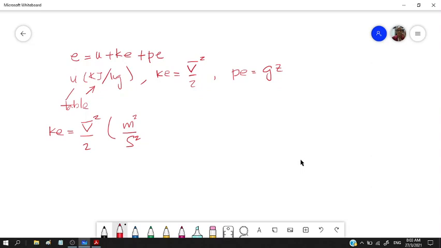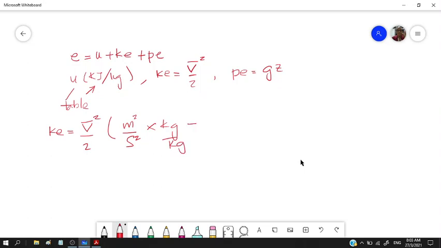So what we have to do, before we sum up this total energy in terms of U, KE and PE, we must make sure that the unit is the same as the internal energy, which is kilojoule over kilogram. So what we do right here is we multiply kilogram over kilogram.